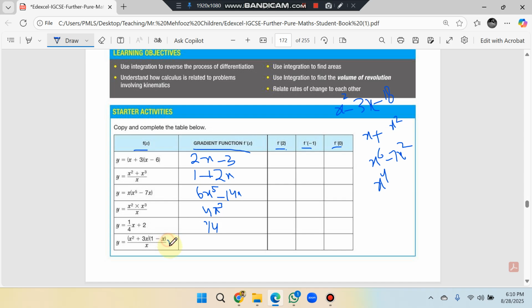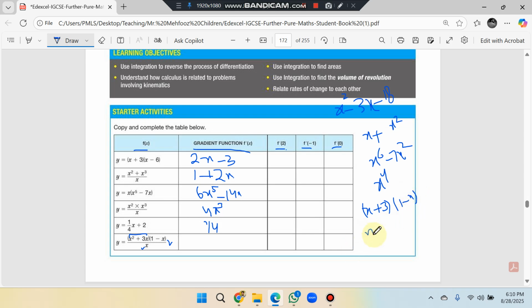And for this one, x can be taken as common from these two terms, and this x can be cancelled out by this x. So it becomes x plus 3 multiplied by 1 minus x. So what is the answer?